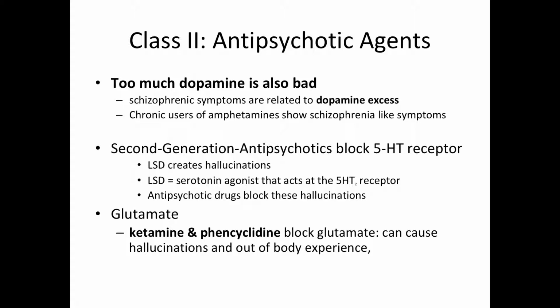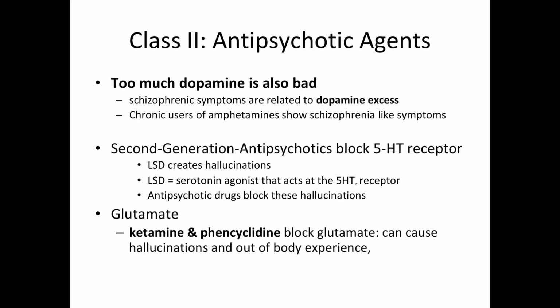Okay, so as we just talked about, schizophrenic symptoms are related to too much dopamine, and chronic users of amphetamines can show schizophrenia-like symptoms. Other drug models of schizophrenia include the psychotropic stimulant LSD, which stands for lysergic acid diethylamide.